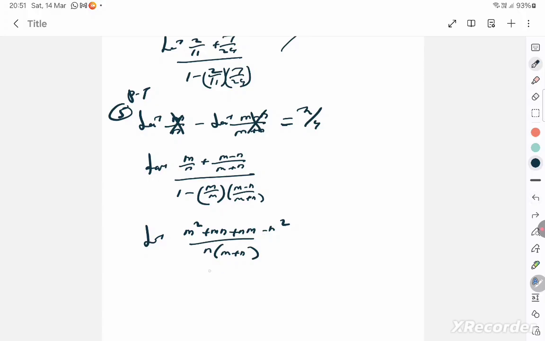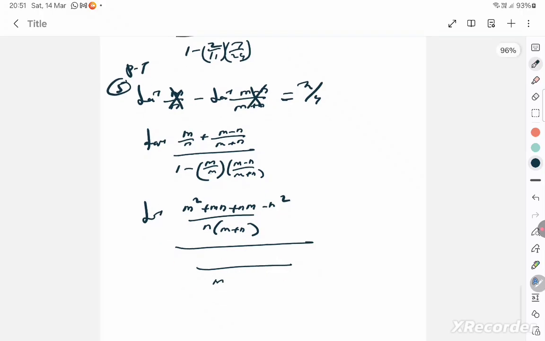By LCM again here is n into m plus n into m plus n. So when you take LCM, it will become mn is n square minus m square.